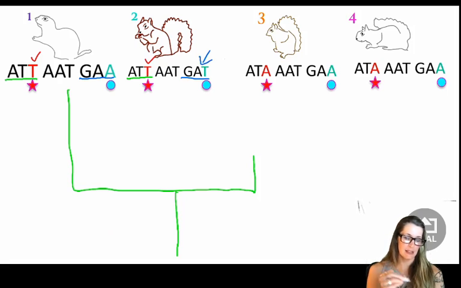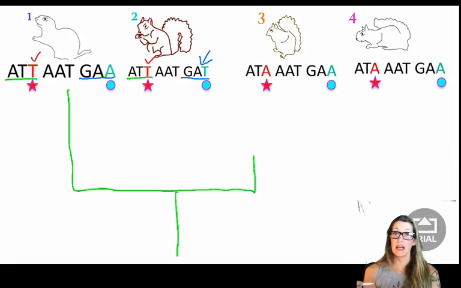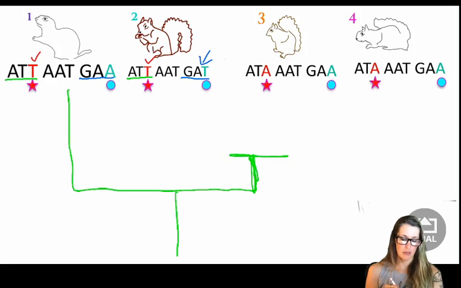One of the bases, that third base, over the course of evolutionary time, changed in the fox squirrel. So let's say, okay, we know that this lineage came up here. And let's imagine one of our options is a bifurcation here, a split, and one of those went to the fox squirrel.